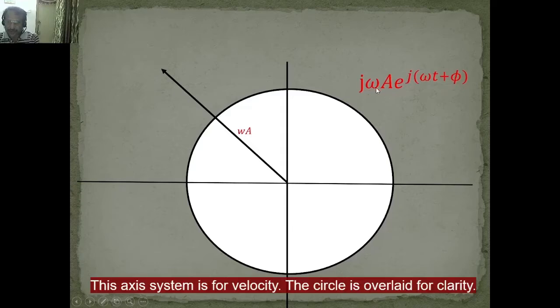So omega a is the length of the vector, which I have shown as little larger. So we have a vector of omega a, first multiply by e power j(omega t plus phi), so give a rotation of omega t plus phi, it comes like this, the earlier diagram of x of t, and then multiplication of j would imply that it is rotated by another 90 degrees, so that we get this. So this is velocity. So how do we get velocity? Take the x component of that, this is the velocity.